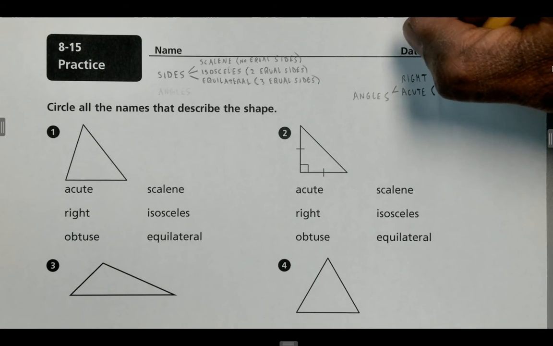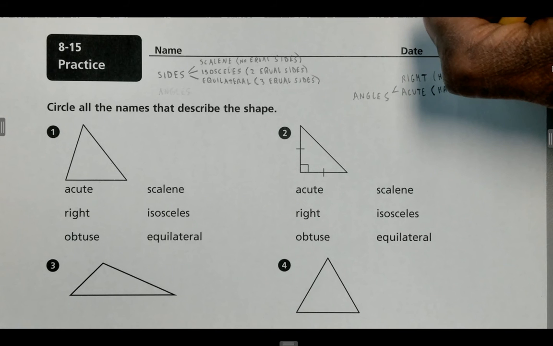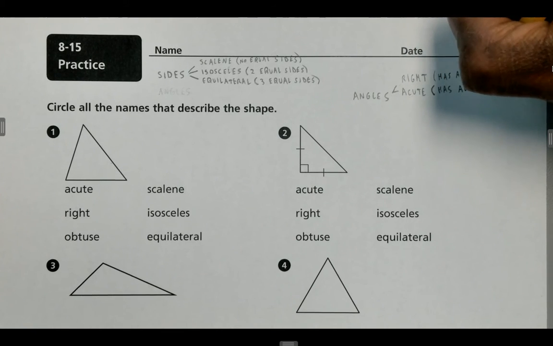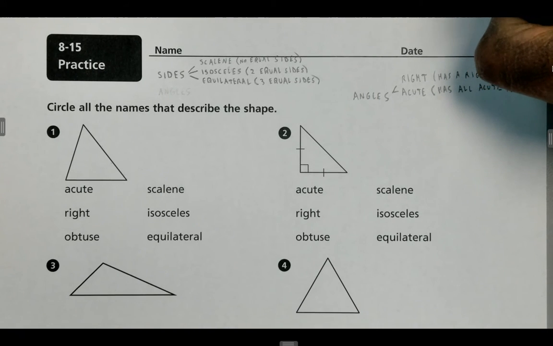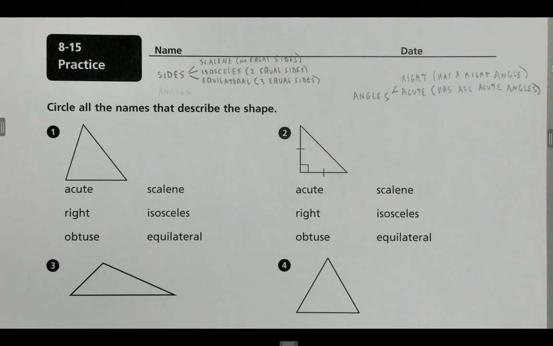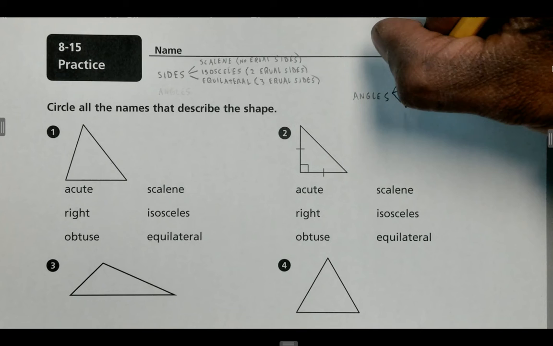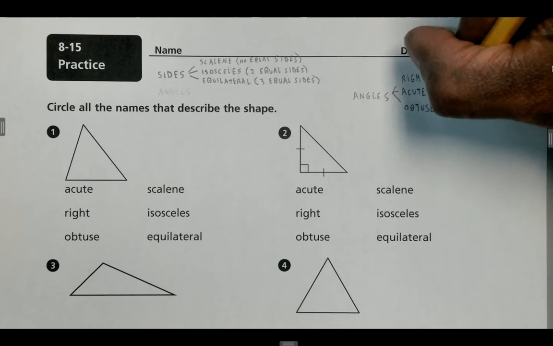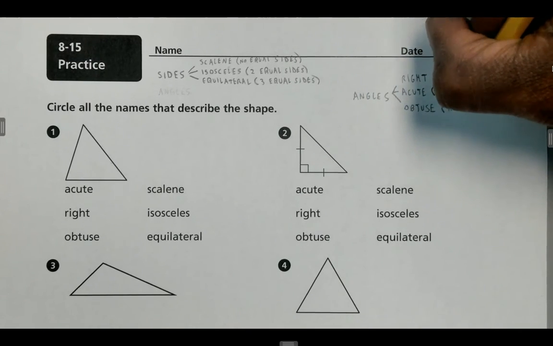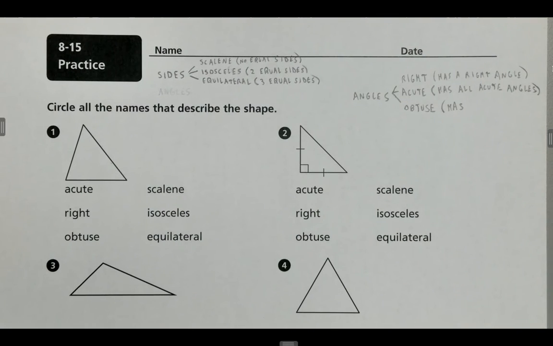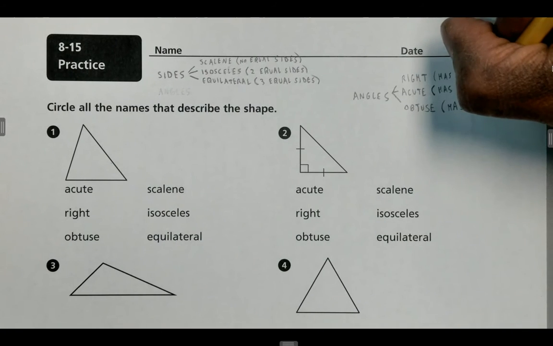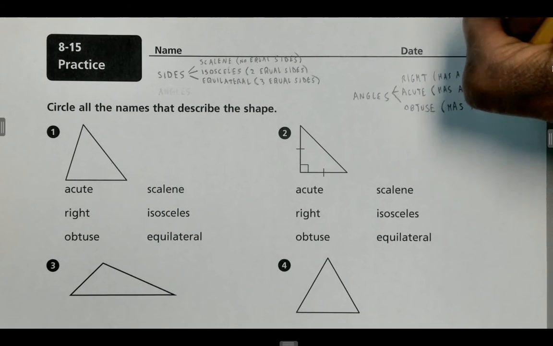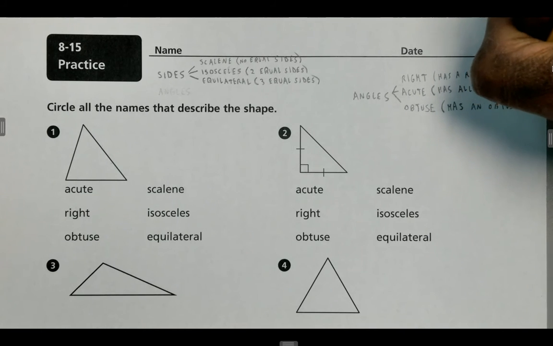An acute triangle has all acute angles. All three angles are less than 90 degrees. And then finally, you've got your obtuse, the big fella. An obtuse triangle has, yep, it's got one angle that's greater than 90 degrees. Has an obtuse angle.